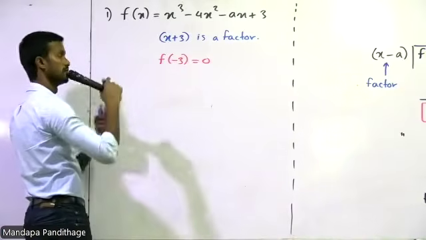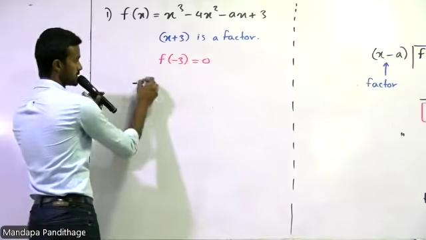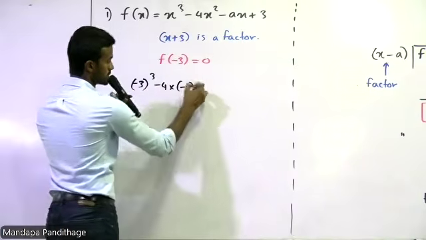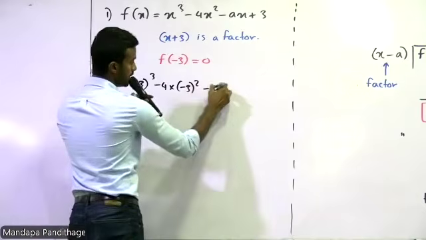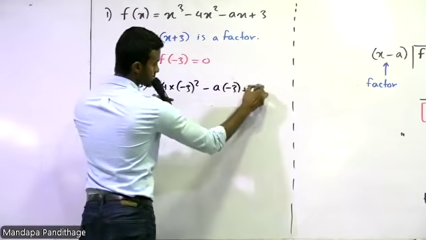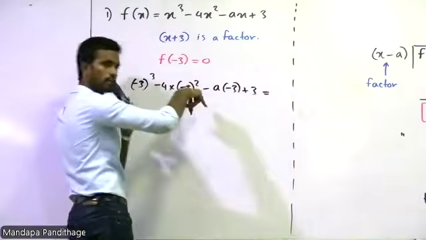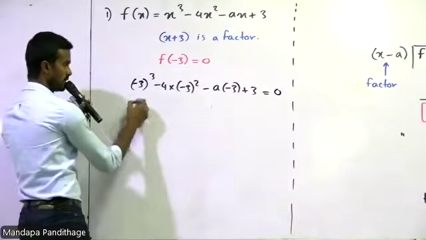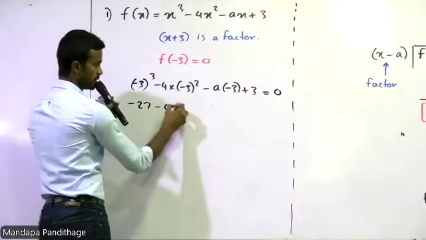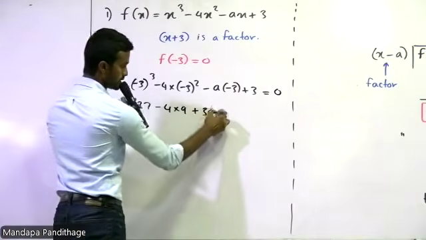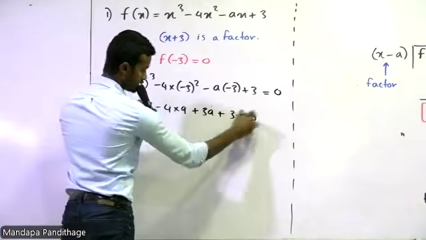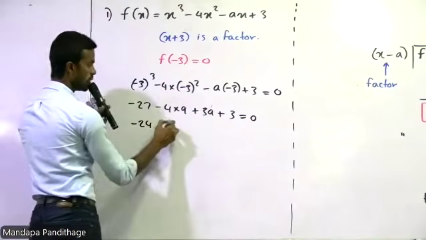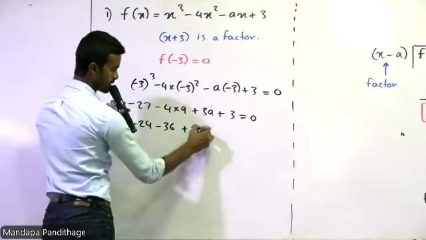Okay, now simplify. Minus 3 cubed, minus 4 into minus 3 squared, minus a into minus 3, plus 3. So this was the remainder before, and now it is 0. Minus 27, minus 4 into 9, plus 3a, plus 3. Minus 27 plus 3 is minus 24, minus 36.